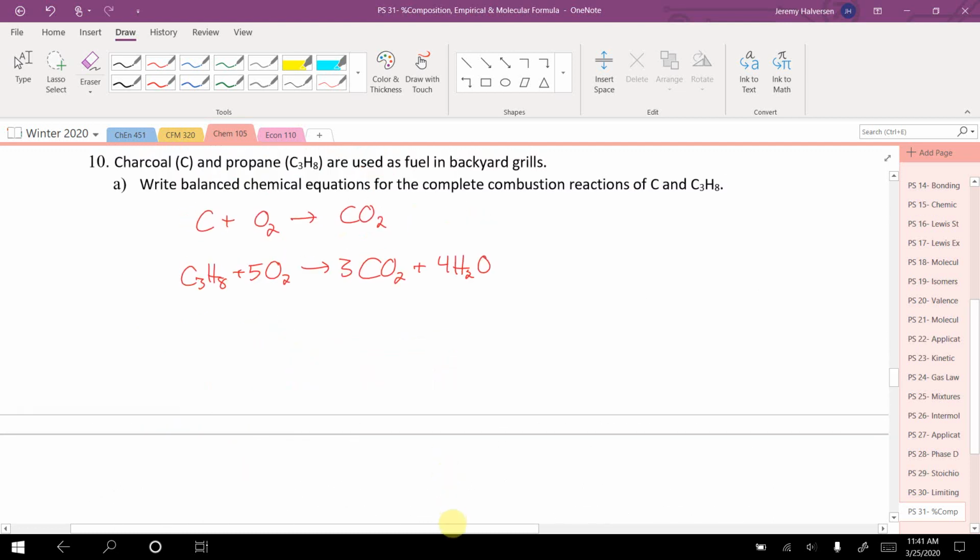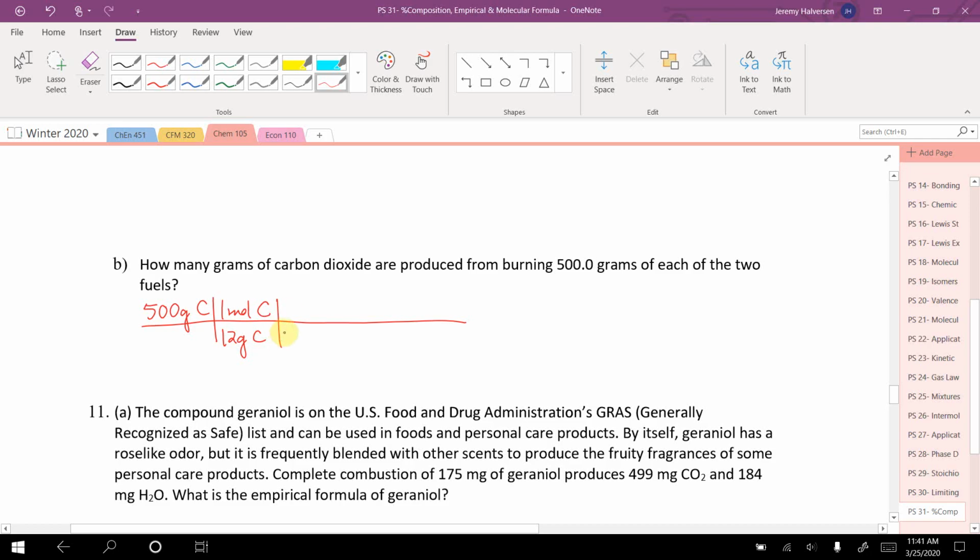And the equation tells us 1 mole of carbon makes 1 mole of CO2. And 1 mole of CO2 weighs 44 grams. So that tells me I'm going to get 1833 grams of CO2.